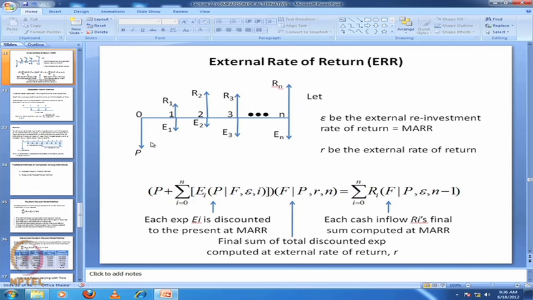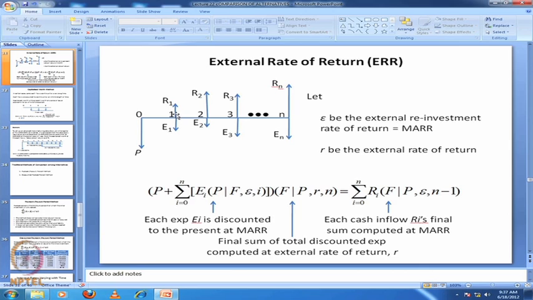So, if this amount was invested externally, then we are calling it F given P, r, n, and that is equal to all the revenues when their final sum is calculated at the end. The final sum is Ri multiplied by F given P, epsilon, n minus i.